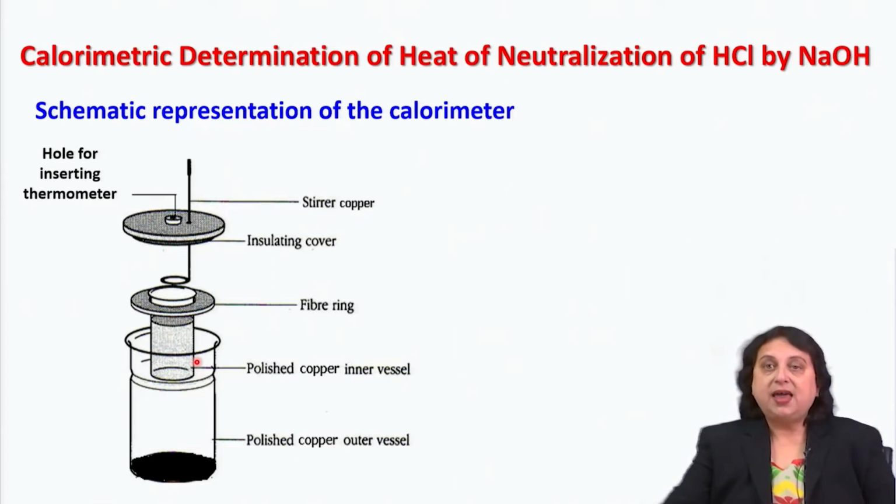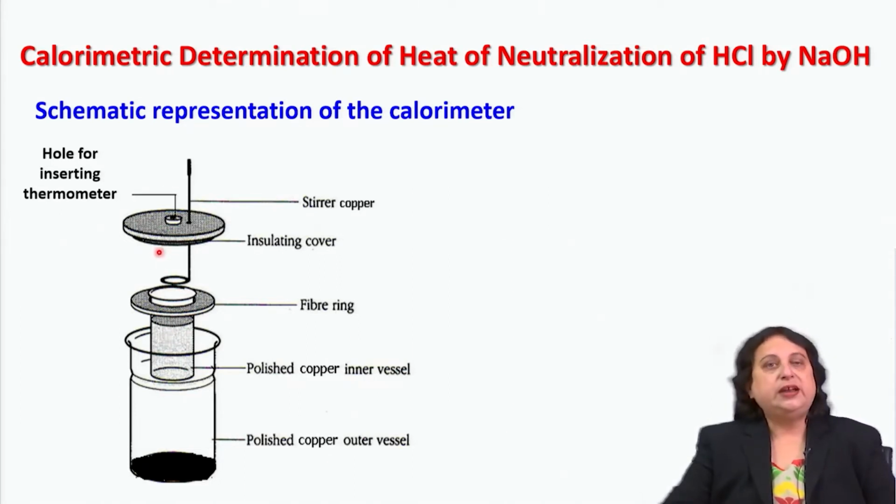As I said, I have two compartments of the calorimeter, and in each compartment, this is a schematic representation of all that I have within the compartment. First of all, you have a polished copper vessel. This is the outer copper vessel, inside which there is a polished copper inner vessel, and this inner vessel is put in here and held in position by a fiber ring.